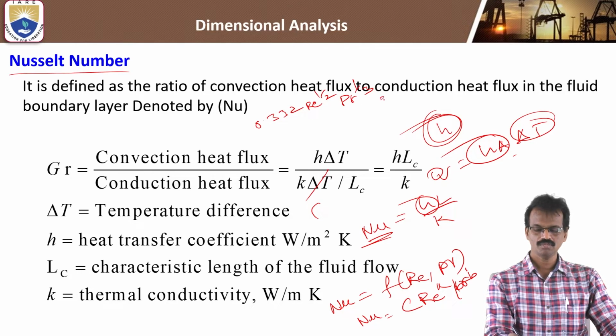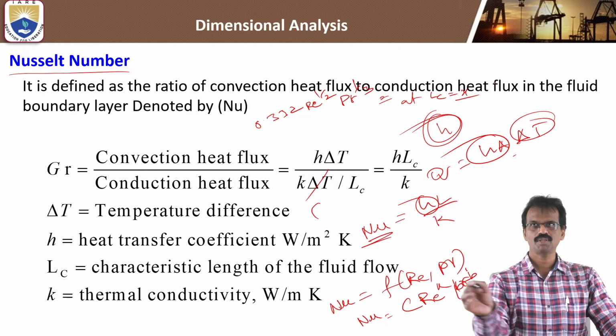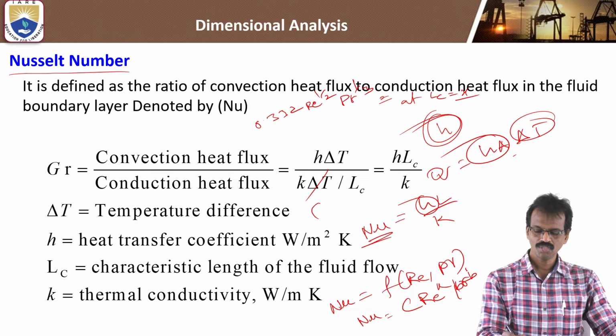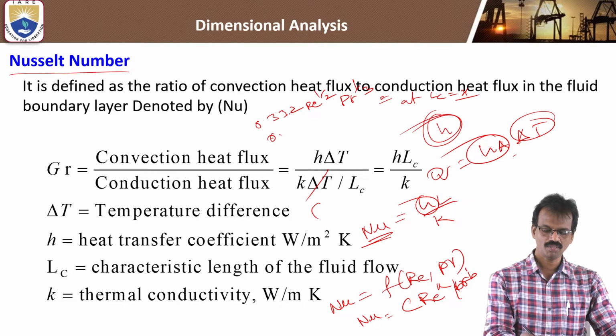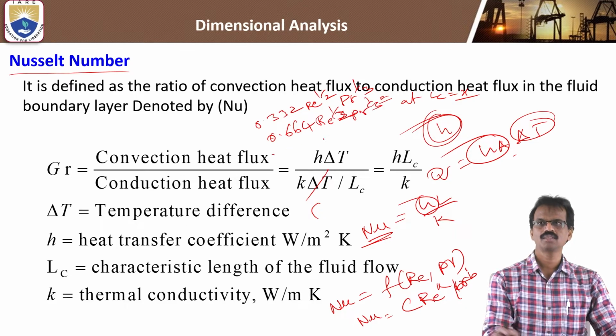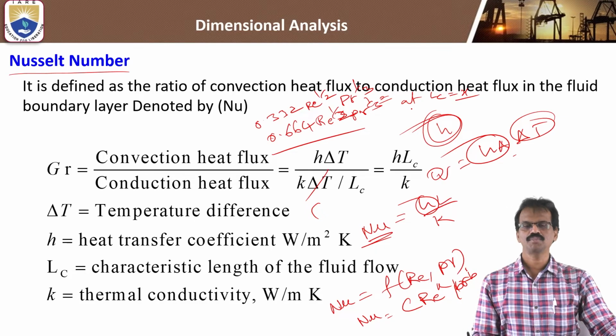This is if LC is equal to x at a particular distance x. If you take the full length, it is double of this, 0.664 into Re to the power of 1 by 2, Pr to the power of 1 by 3. We already saw this type of formula in previous classes.